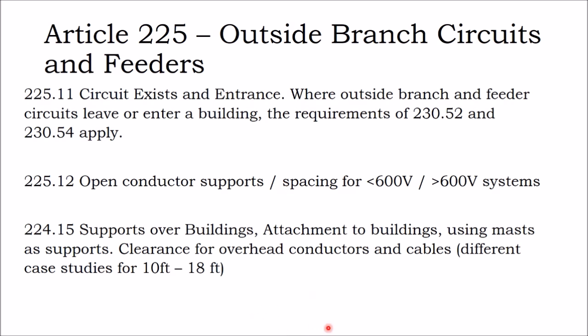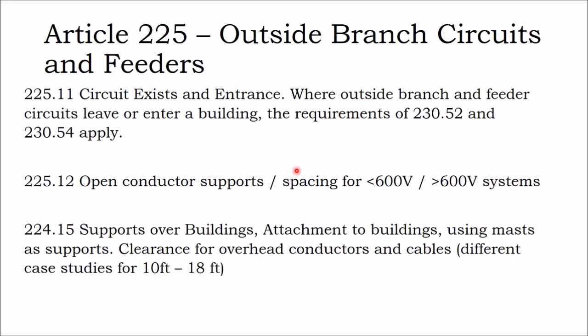And we get a variety of rules shortly thereafter governing how wires outside of buildings enter and exit buildings. So wherever branch circuits and feeder circuits leave or enter a building, there's certain provisions that we haven't gotten to yet that are referenced later on in code. Then if we have open conductor supports, there's actual spacing requirements.